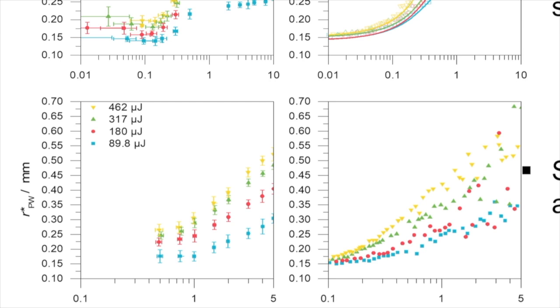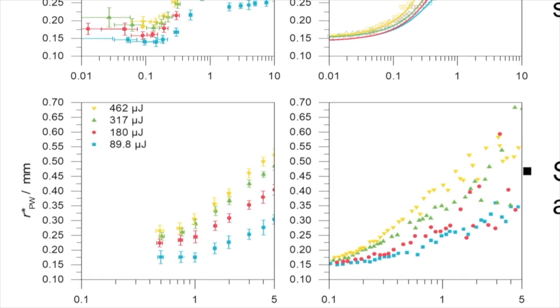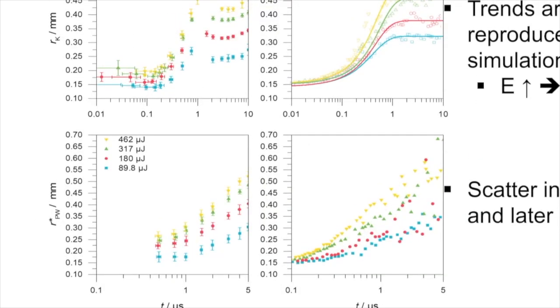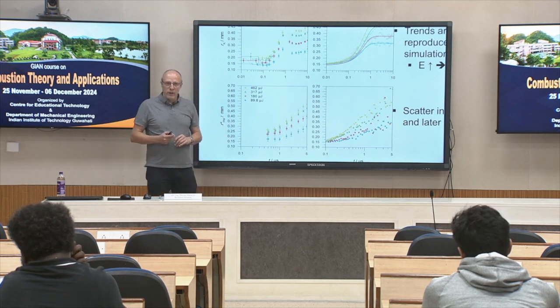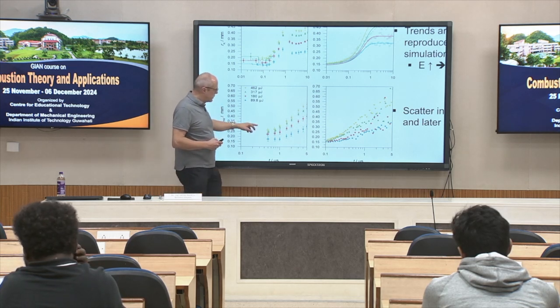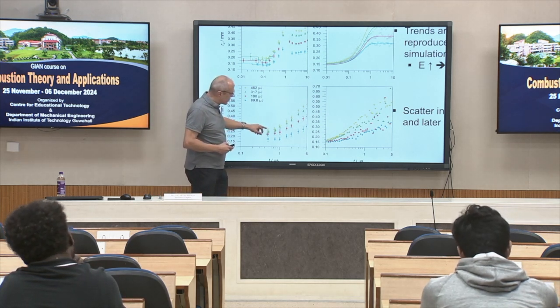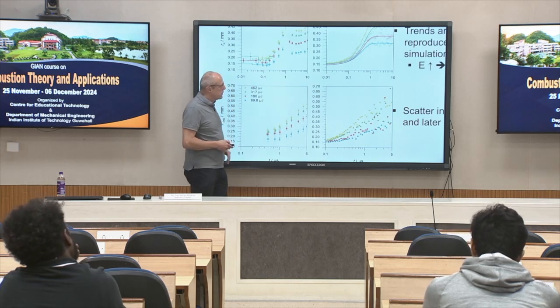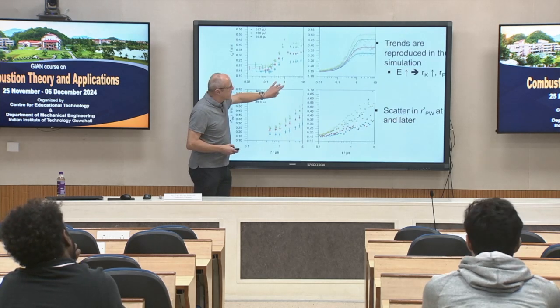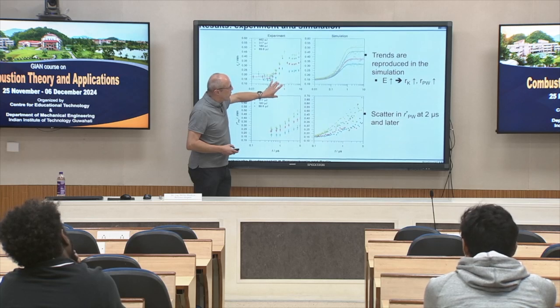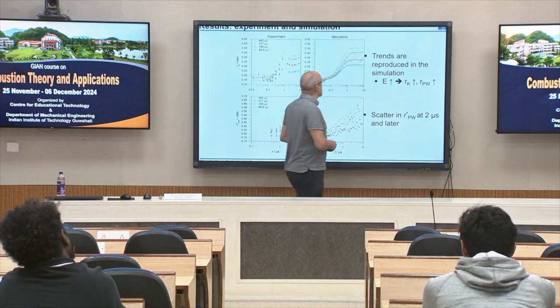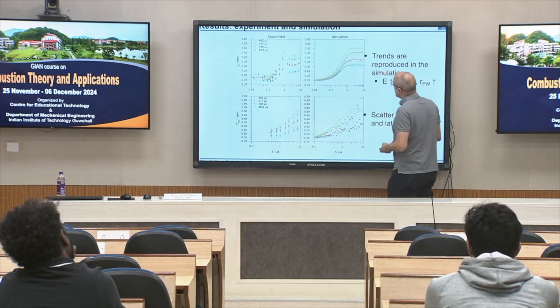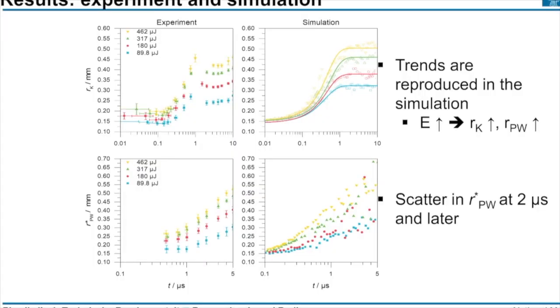And again, we see an influence of energy here. So the initial radius, of course, depends on the energy. The higher the energy, the larger the initial radius for the pressure wave to start. And the interesting thing is, when we assume proper heat losses in the calculations, this will be explained later.